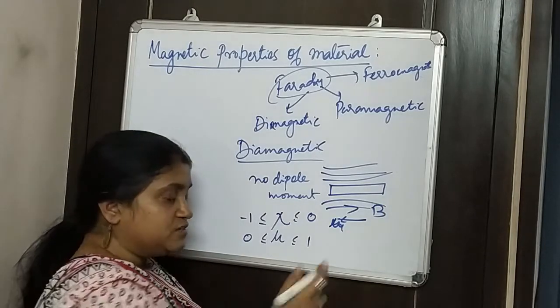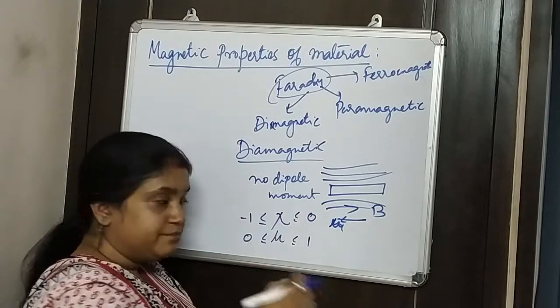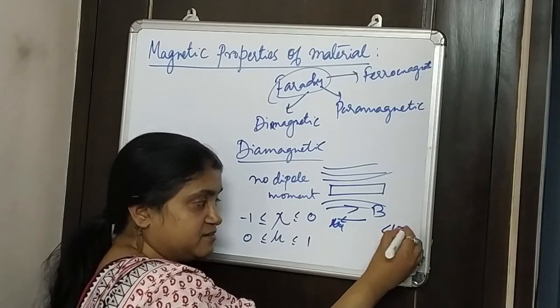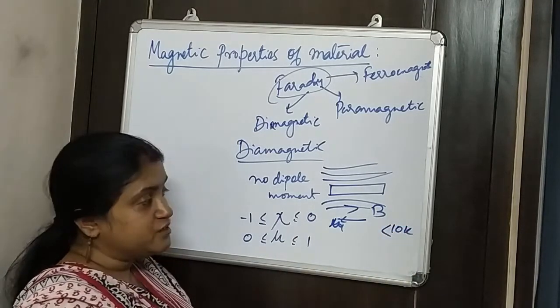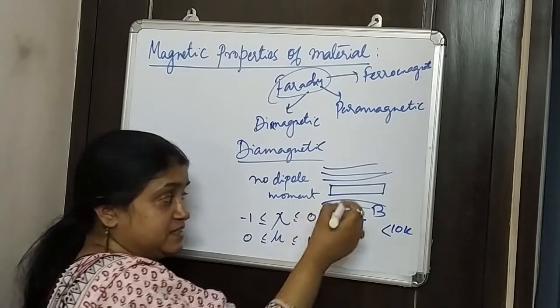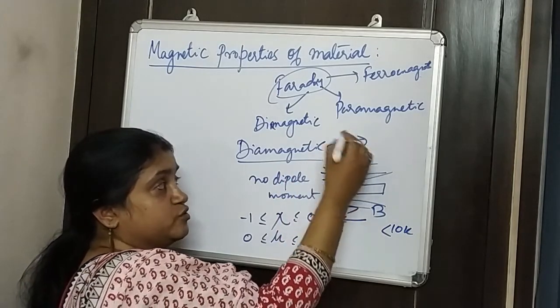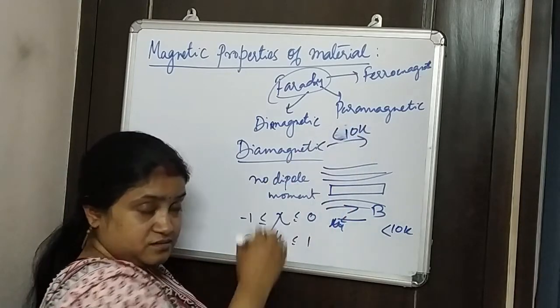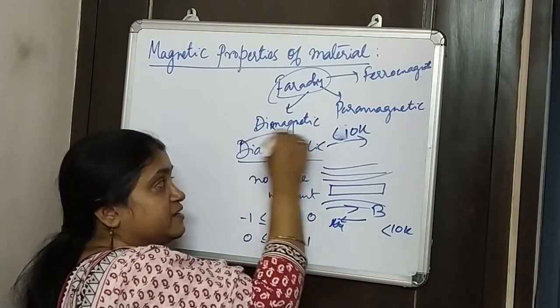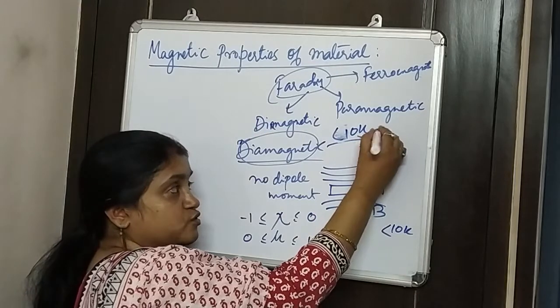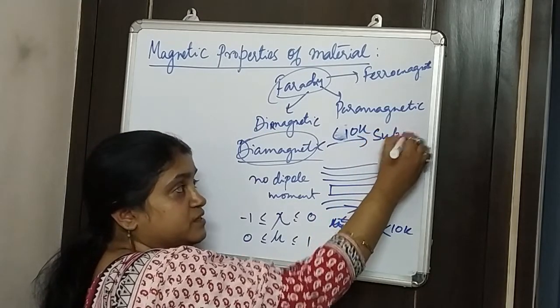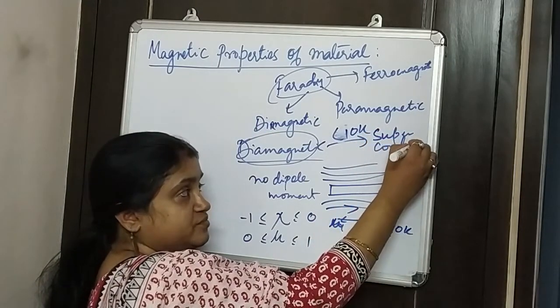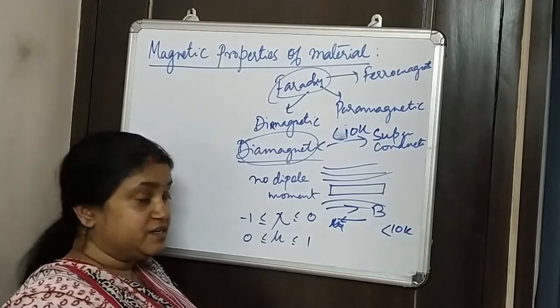For this type of material, suppose you cool it to a very low temperature, less than 10 Kelvin. Then the diamagnetic material would produce something called a superconductor.